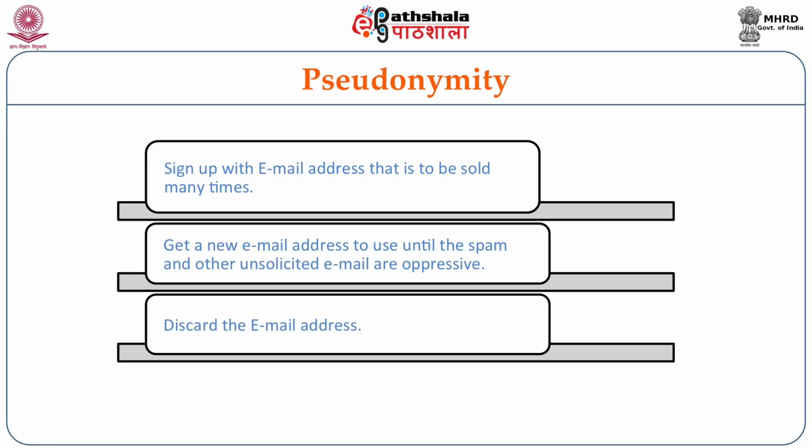When you sign up for something and you know your email address will be sold many times, you might get a new email address to use until the spam and other unsolicited email become oppressive. And then you discard the address. This type of user is called pseudonymous.